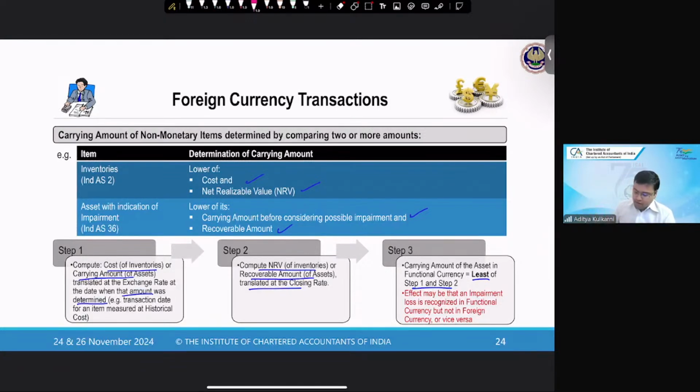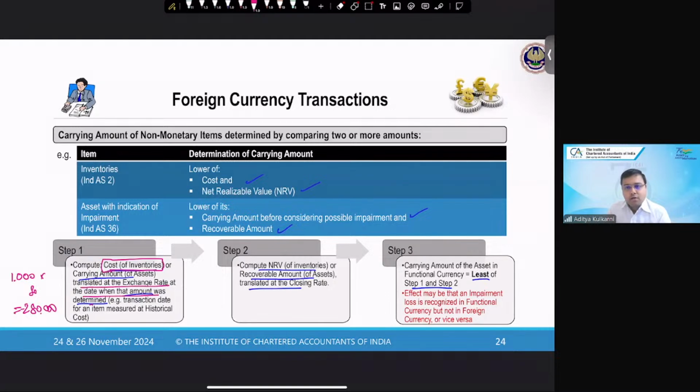Okay. Look at the steps that we followed. Compute cost of inventories, translated at the exchange rate when that amount was determined. So I computed cost in my example, it was $1,000 into 80,000.